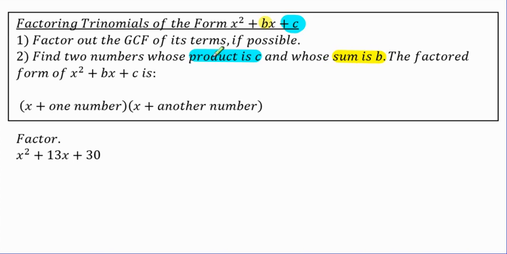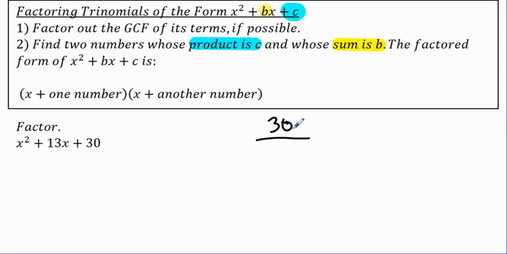We want two numbers that when multiplied equal C, but when added give us B, right? So it's helpful here to make a list. I always write my C term, this 30, and think of two numbers that when multiplied give me 30.